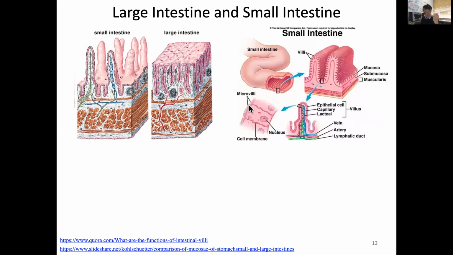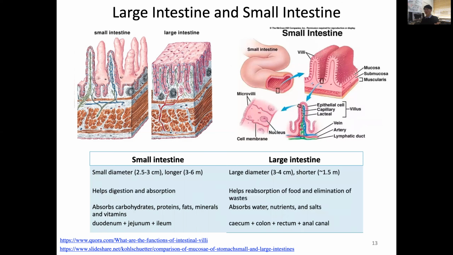by 20-fold. So let me give you a table to compare the small and large intestine. The small intestine has a smaller diameter, 2.3 to 3 centimeters, versus the large intestine at 3 to 4.5 centimeters. The small intestine is longer, 3 to 6 meters, while the large intestine is about 1.5 meters. The small intestine helps digestion and absorption of nutrients.